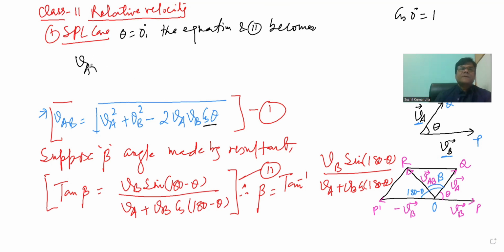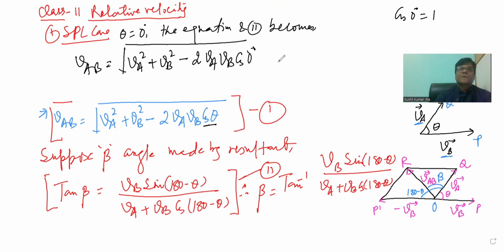So VAB would be what? Square root of VA square plus VB square minus 2 VA VB cos 0. Thus, this part will go because cos 0 is 1.